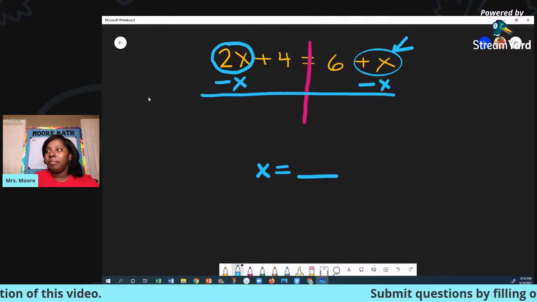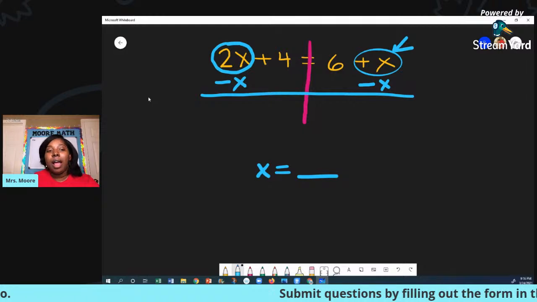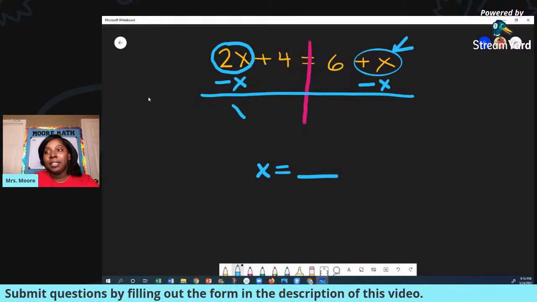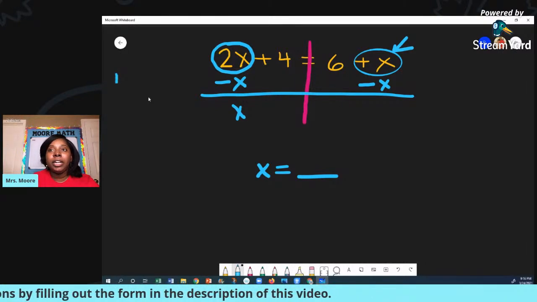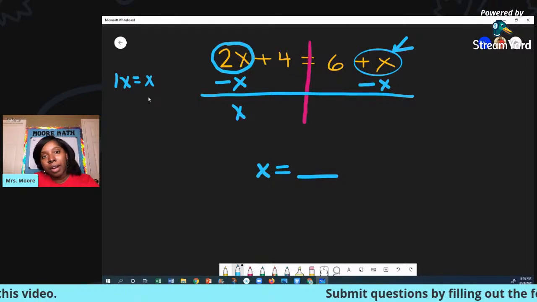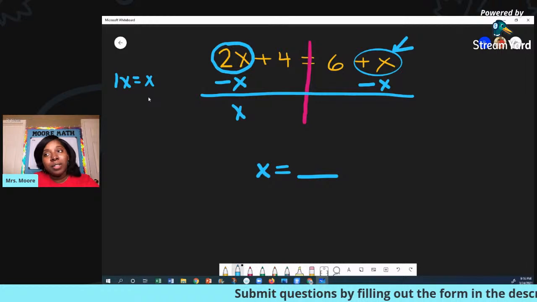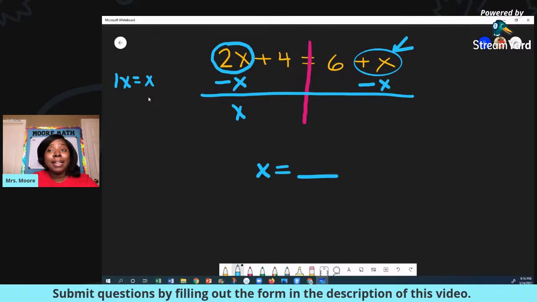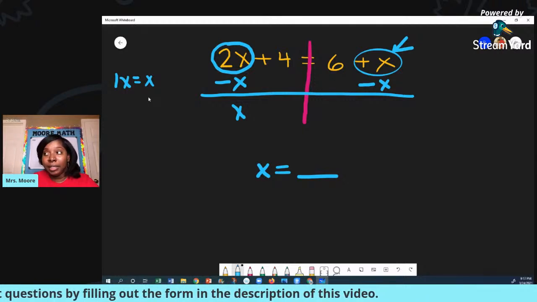All right. So I have two x's and I take one x away. How much do I have left? One x. Okay, so earlier I explained that one x and x are the same thing. It's up to you how you want to write it. Most of the time you will see it written as x, but if you like to write it as 1x and that helps you, go ahead and do that.